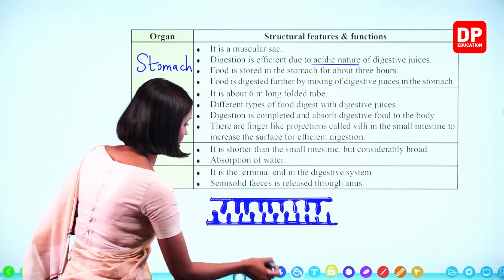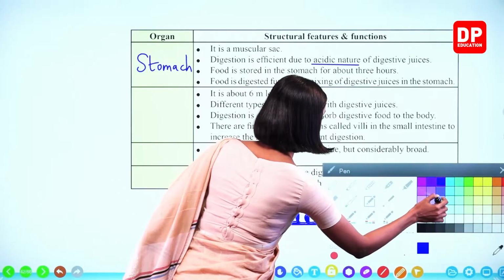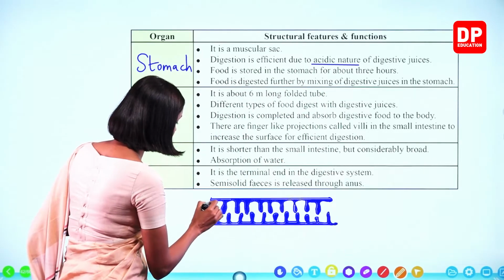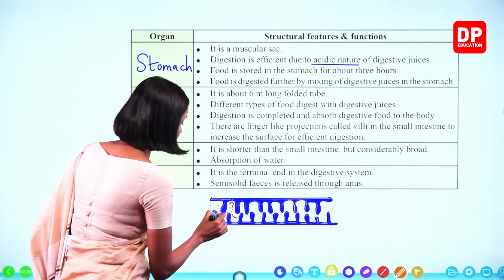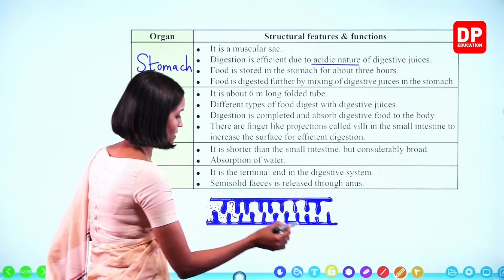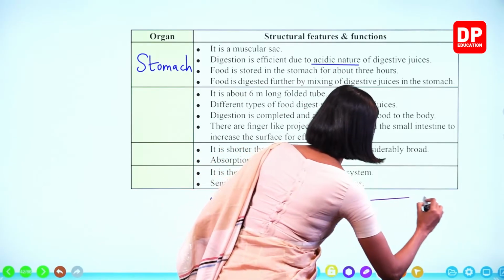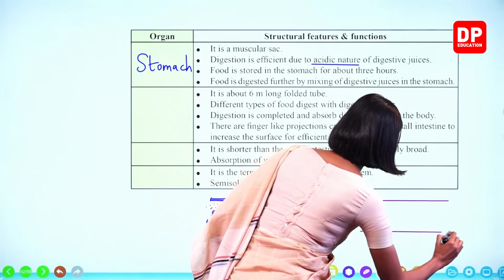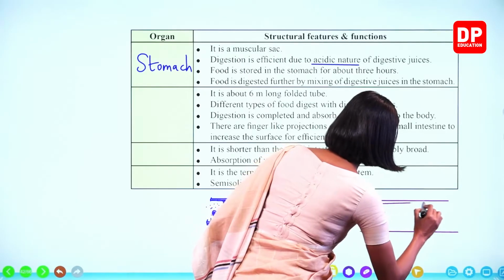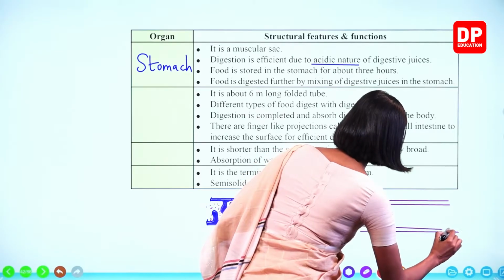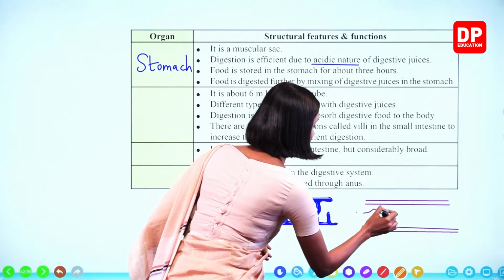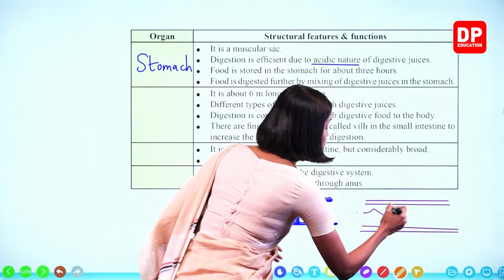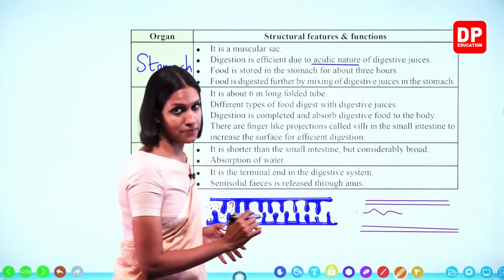You all can see, we will take a different color. When food goes through this type of tubular structure, it touches more surfaces. Let's just imagine if the digestive tract is just like this, inner wall and outer wall, and both are straight. When the food goes through this one, it touches a less surface area, right?